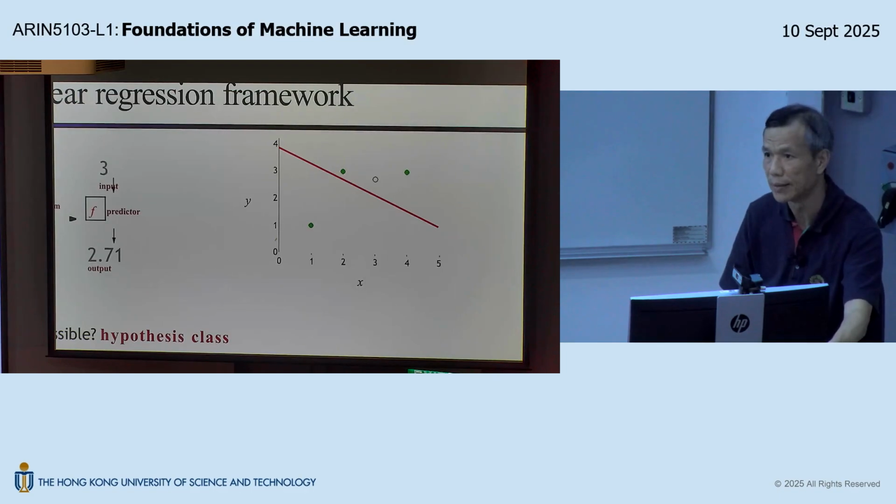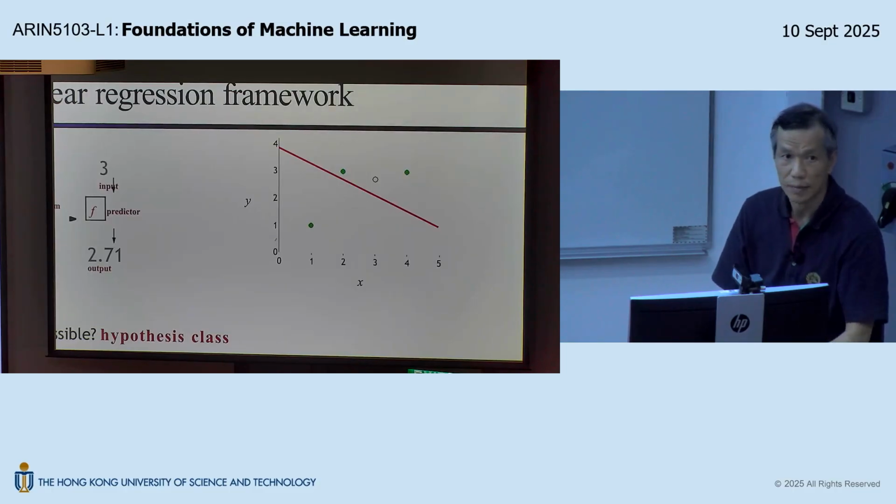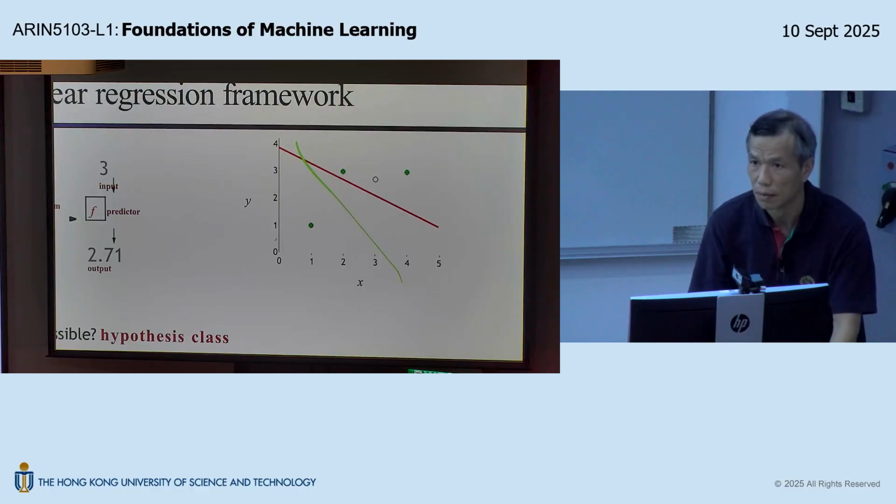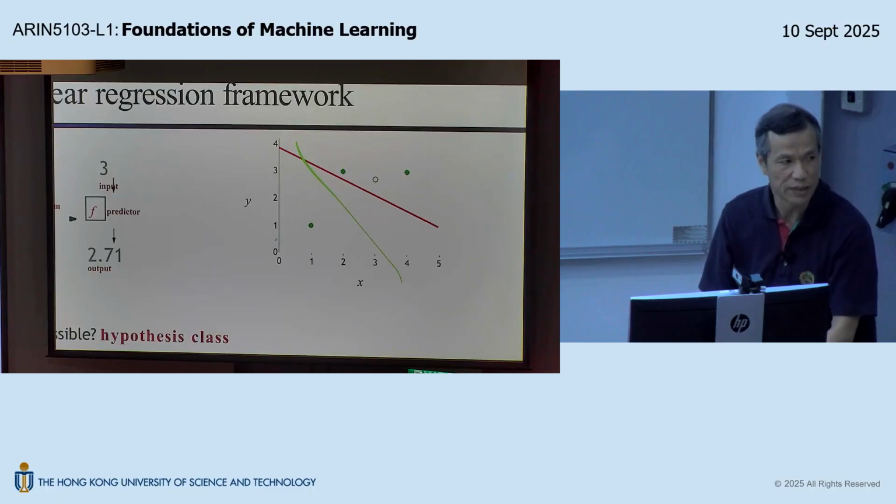Is this good or bad? Bad. The three dots don't seem to suggest this downward trend. But if this is bad, then what about this? This is also bad, right?